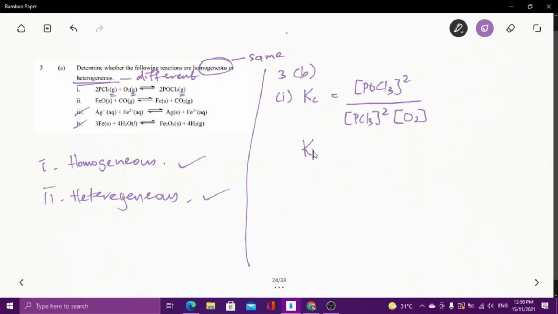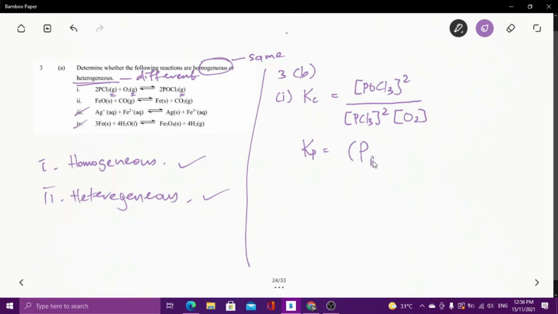Kp pula kita letakkan in terms of pressure, tekanan, pressure. So penulisan dia sama sahaja macam Kc, but kita tulis dia lain sikit. Instead of guna square bracket, so we use round bracket, tapi kita letak P. P serve as placeholder for pressure.